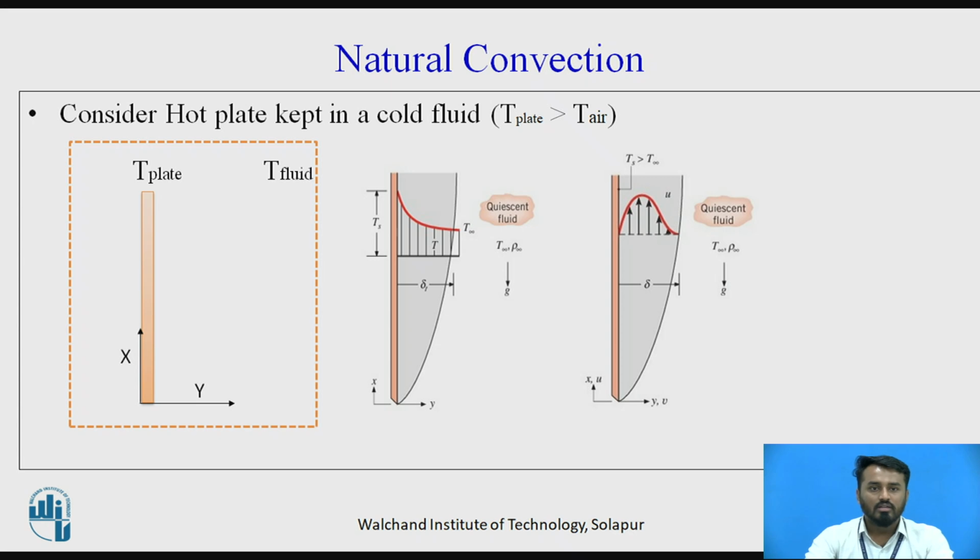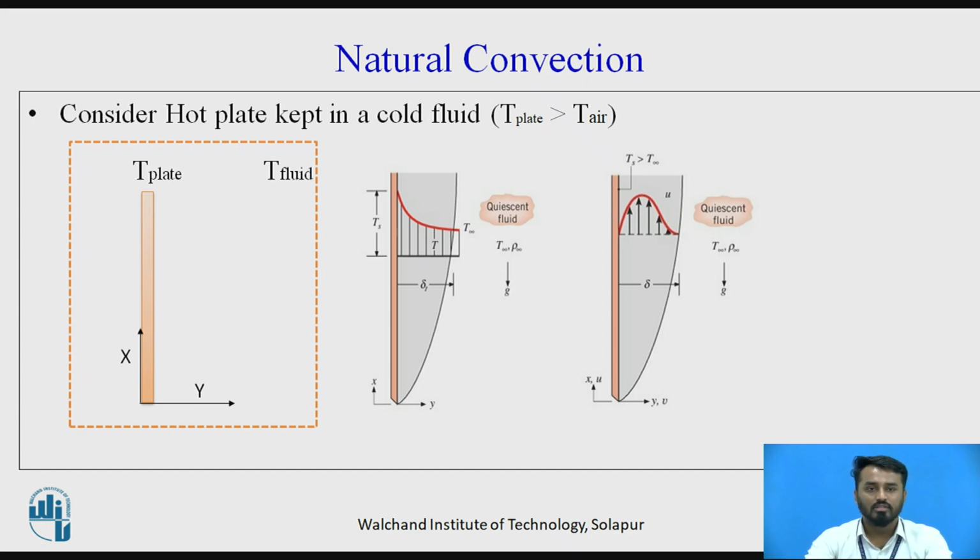If the surrounding fluid particles touch that hot plate, the temperature of the fluid particle adjacent to the plate will increase. As temperature increases, the density of that fluid particle will decrease, which will ultimately create a low pressure zone near the plate.